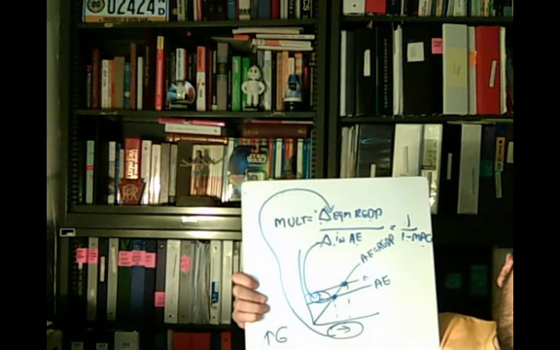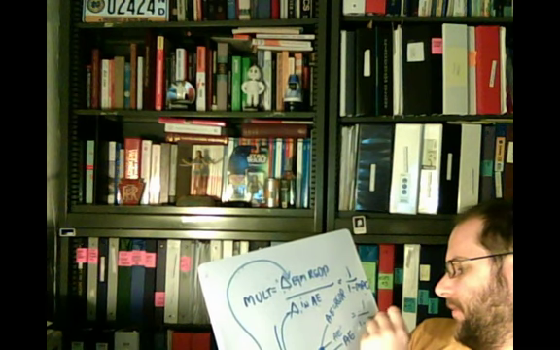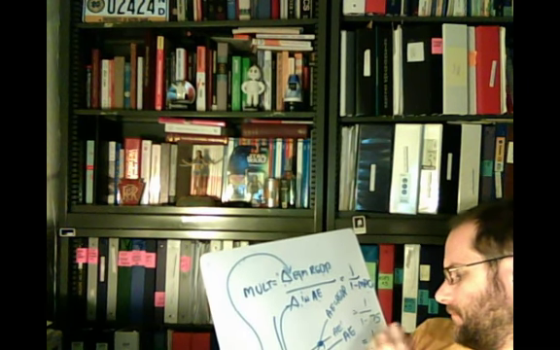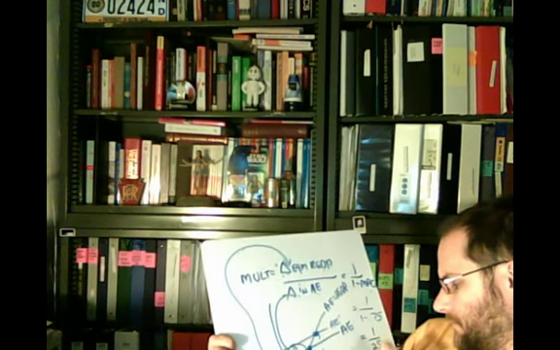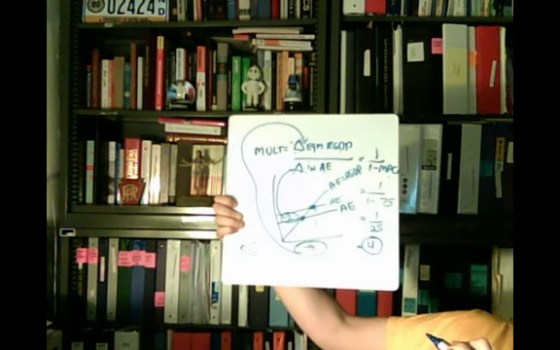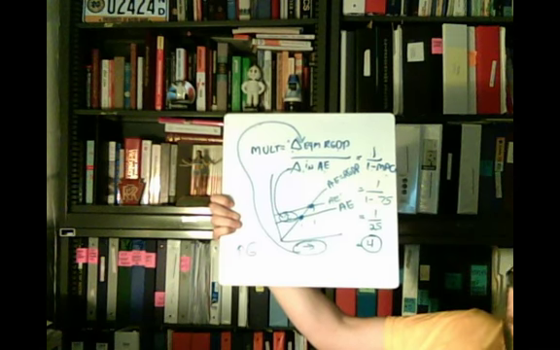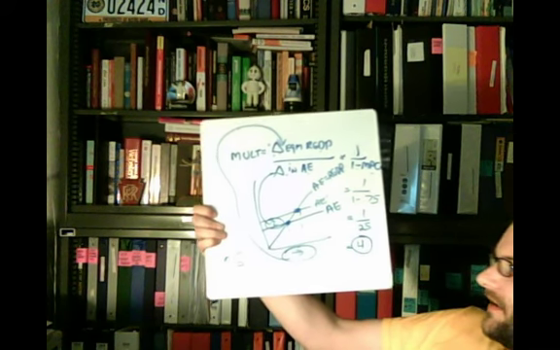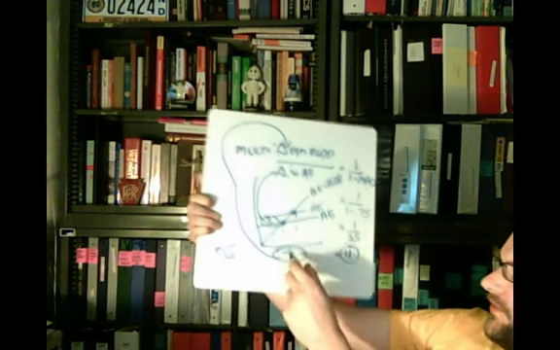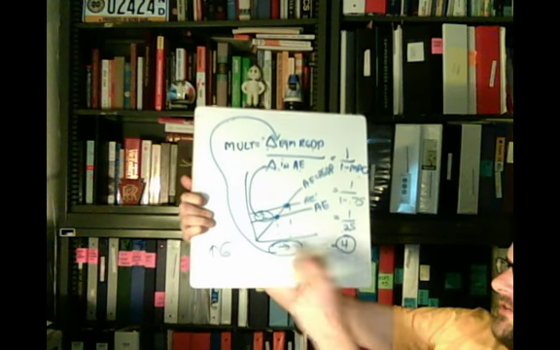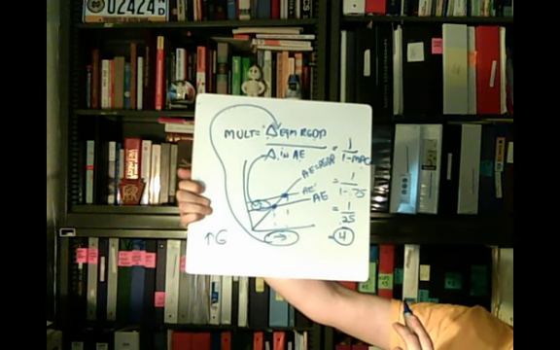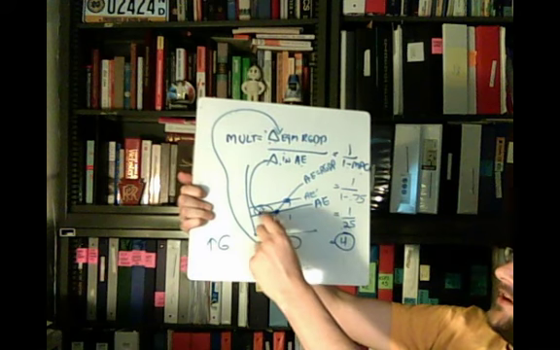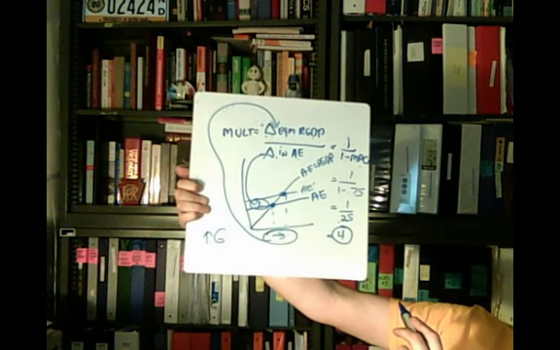If we use the same example we had before, that would be equal to 1 over 1 minus 0.75, and we would see that the multiplier is 4. That's useful because it gives us a way to say that if I want to move the economy by, let's say, $100 billion, I only have to change this by 1/4 of that.